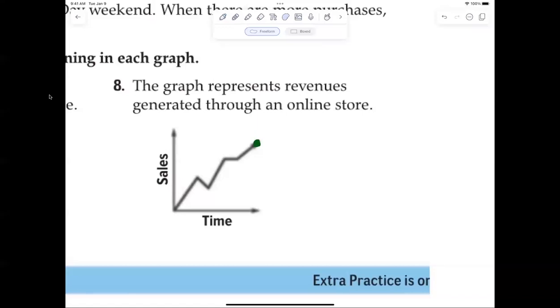So if I'm looking at number 8, someone want to give it a shot? I'll let you try. So the sales and the time they're selling is going up really, really, the sales are dropping, then it shot up again, but then the sales kind of evened out with the money they were making and losing. And then they've gone up again.